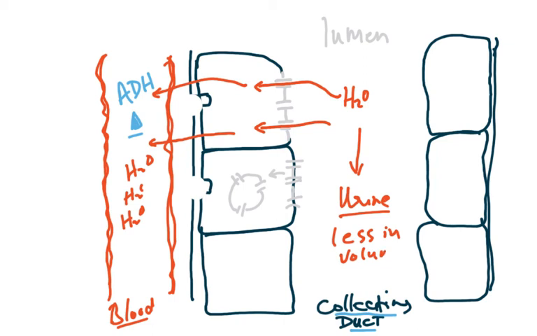And why would it be concentrated? Because now the same urea is in a smaller volume of water. So less in volume and concentrated. This is how the ADH works on the collecting duct. It is the movement of the aquaporins which were found inside the cell.